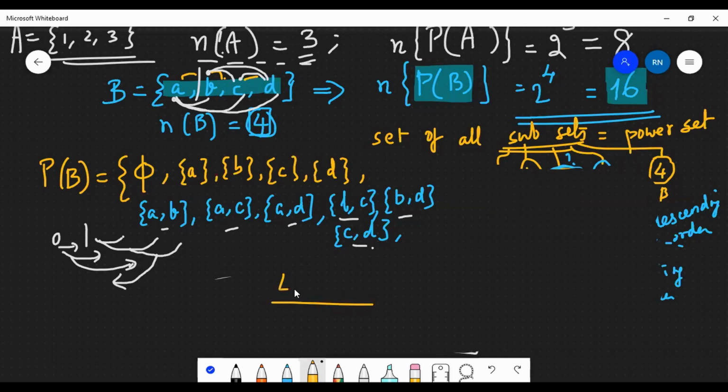Same way, descending order, ascending order: 4, 3, 2 over 1, 2, 3. So 4 subsets. What are the 4 subsets?